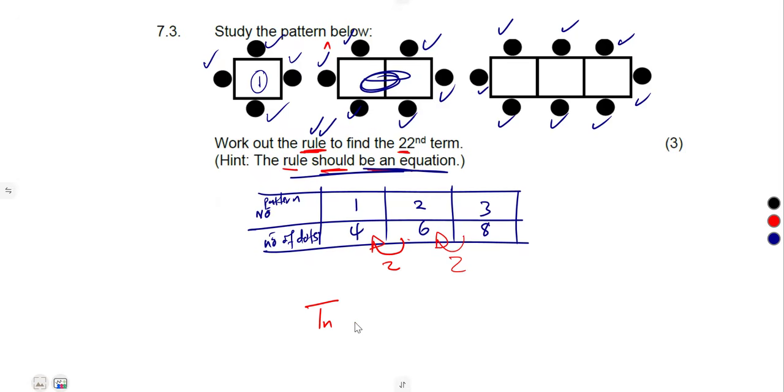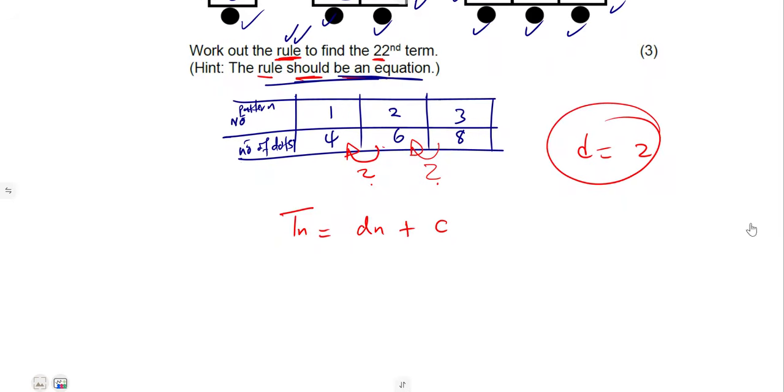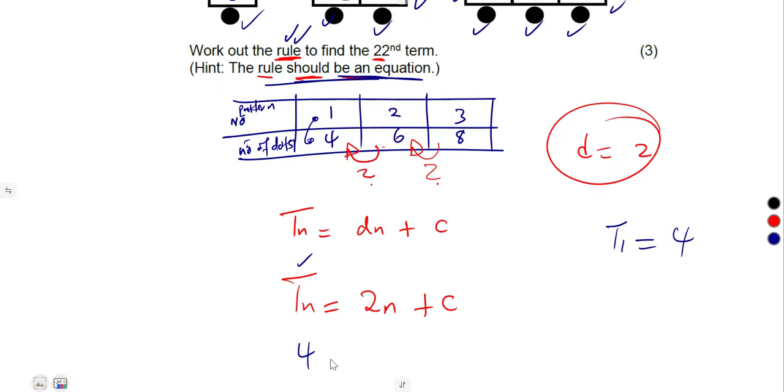Our Tn is equal to dn plus c, where d is the difference that we just calculated, 2. So we can simply substitute that. Tn is equal to 2n plus c. To find c, we can use any term you're given, any table. T1 is equivalent to what? To 4. So we can substitute: 4 is equal to 2 times n, which is 1, plus c.